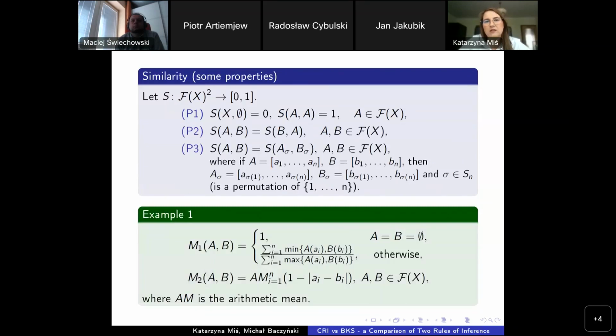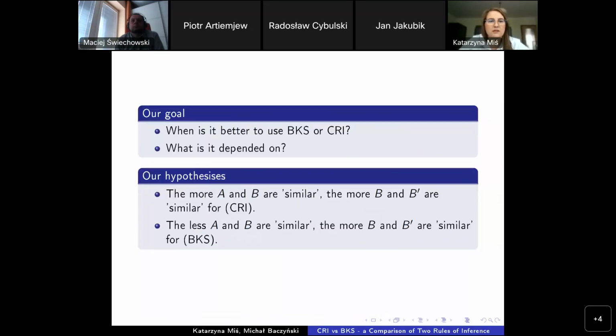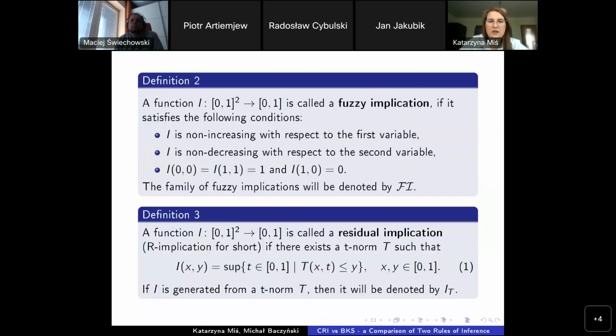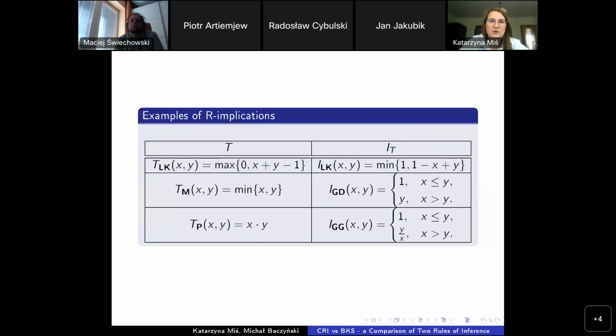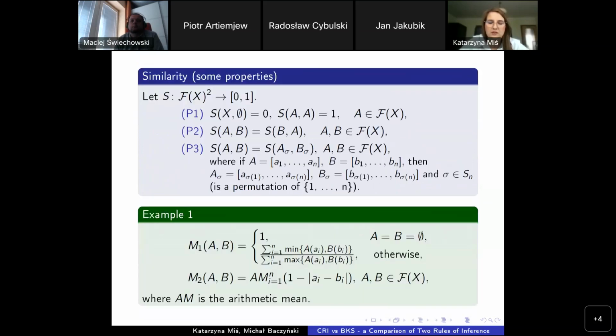Okay, so I said in the beginning, when I was talking about our hypothesis, that we think that the more similar A and B are, the more similar B and B prime are also. That was for the compositional rule of inference. So what do I understand by the notion that two fuzzy sets are similar?